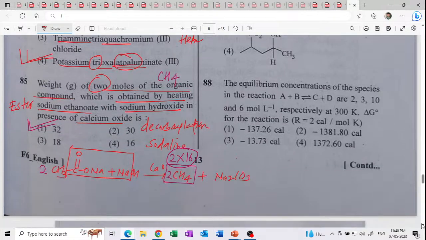The equilibrium concentrations of the species in the reaction A plus B giving C plus D are 2, 3, 10 and 6 moles. This is 2, this is 3, this is 10 and this is 6. Okay. Delta G for the reaction. And the R value is given also. Then delta G is equal to delta G naught, then the equilibrium concentrations, in calories.